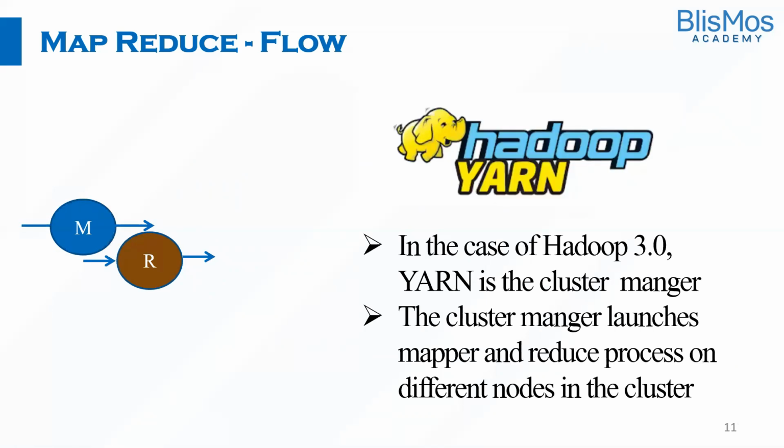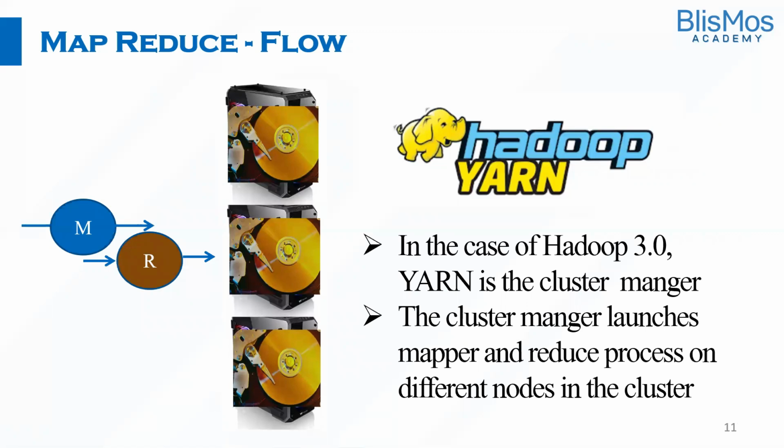In our case, the cluster manager is Yarn. Yarn is Yet Another Resource Negotiator. This Yarn is doing the management of the systems, like resource management. Which system has how much memory, which system has how much hard disk capacity. All those things will be tracked by Yarn.